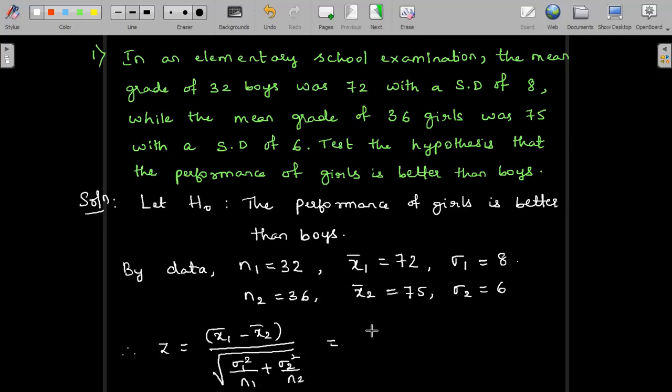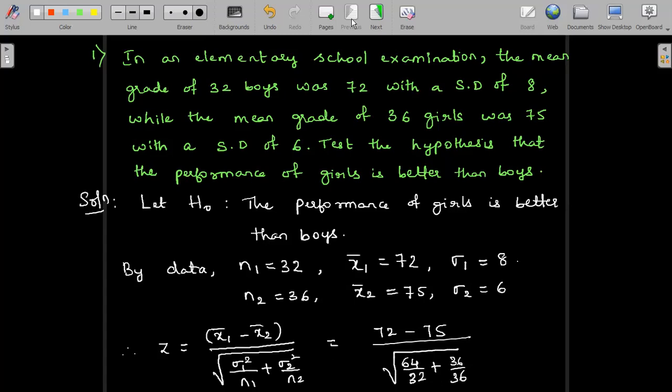And when we substitute all the known values in this, it is 72 minus 75, the whole divided by square root of 64 divided by 32 plus 36 divided by 36. Sigma 2 square is also 36, no? So 36 divided by n2 is 36.